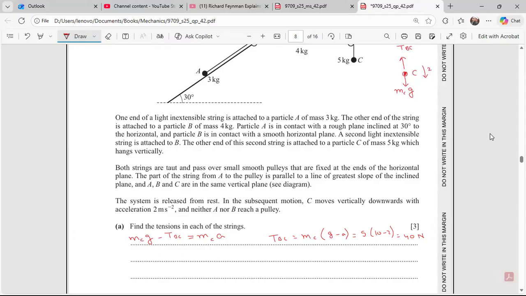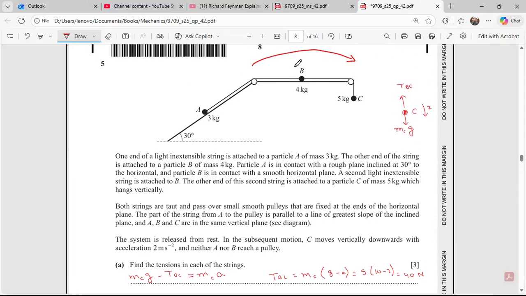Now let's analyze the mass B. Since it's on a frictionless surface, we don't have to worry about friction. Since it's moving this way, this tension is TBC and this tension is TAB, and of course TBC is larger than TAB, and it's going in this direction with an acceleration of 2 meter per second square.